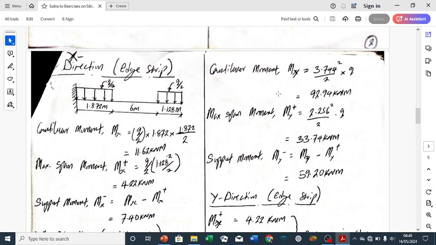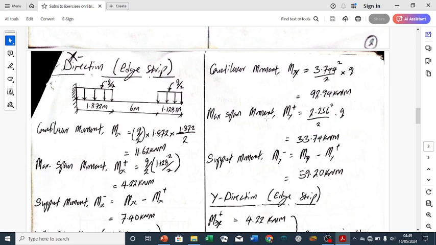In that case, the cantilever moment will now be, because the distance was 6 minus 6 alpha, which is 3.744, if you follow that pattern we have established, 3.744 squared all over 2 multiplied by Q, and that gives us 92.94.